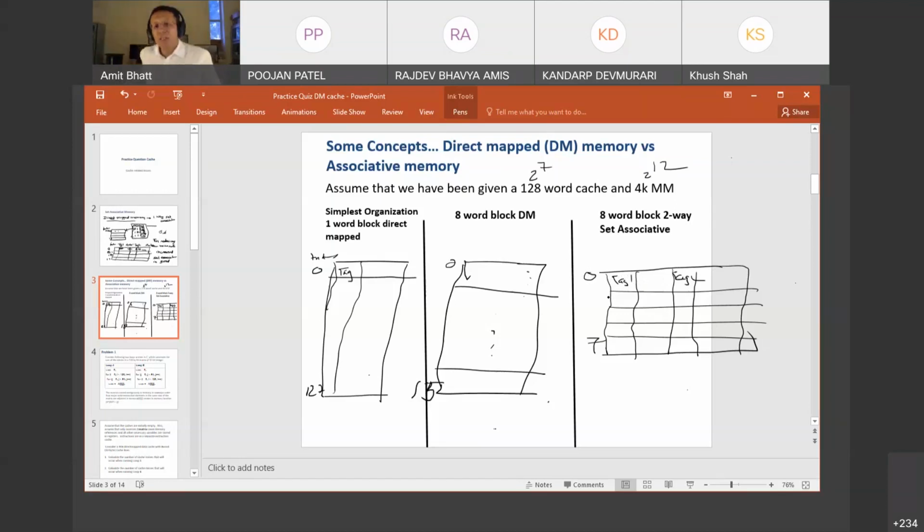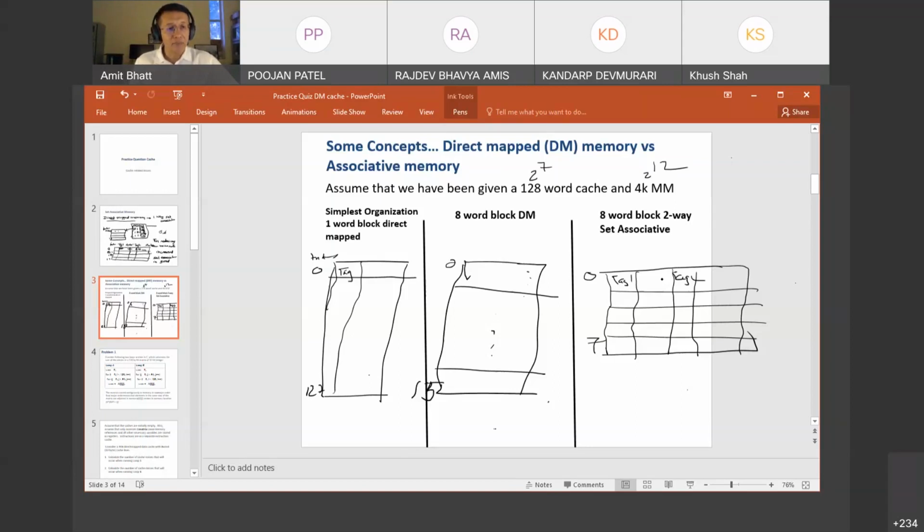If I want to give you an idea of the real world, the first level cache or L1 cache is generally a direct map cache. When I say generally, it means 95% of the time it is direct map. L2 cache could be set associative, and sometimes it could be largely set associative. It could be 2-way, 4-way, 8-way.